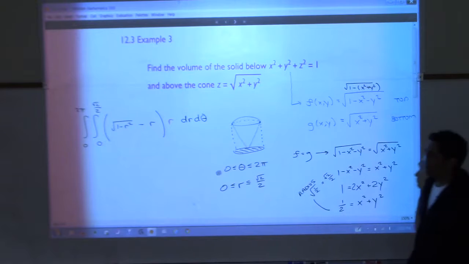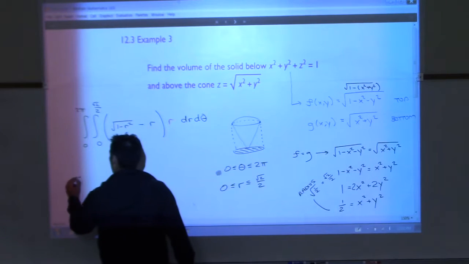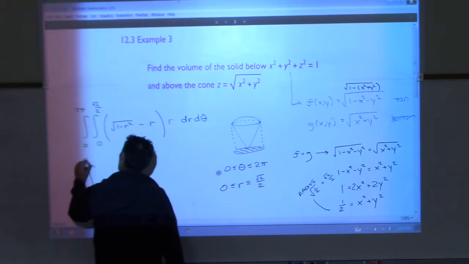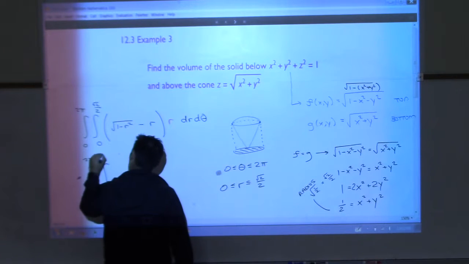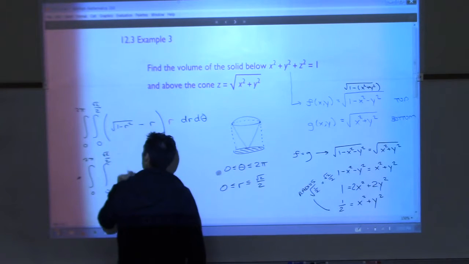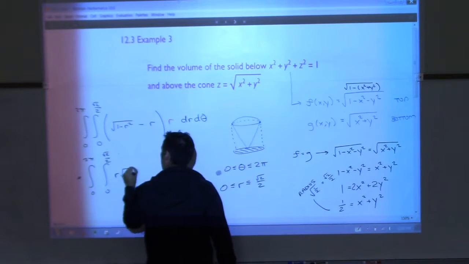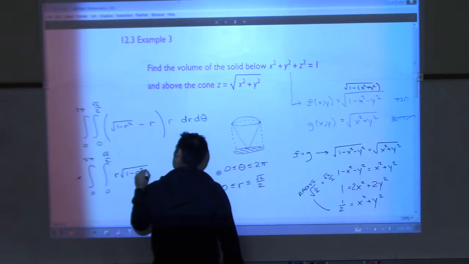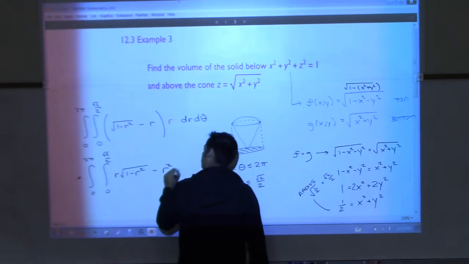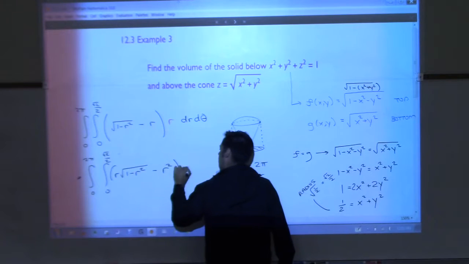Distribute the r through. R goes in front of that root 1 minus r squared, dr d theta.